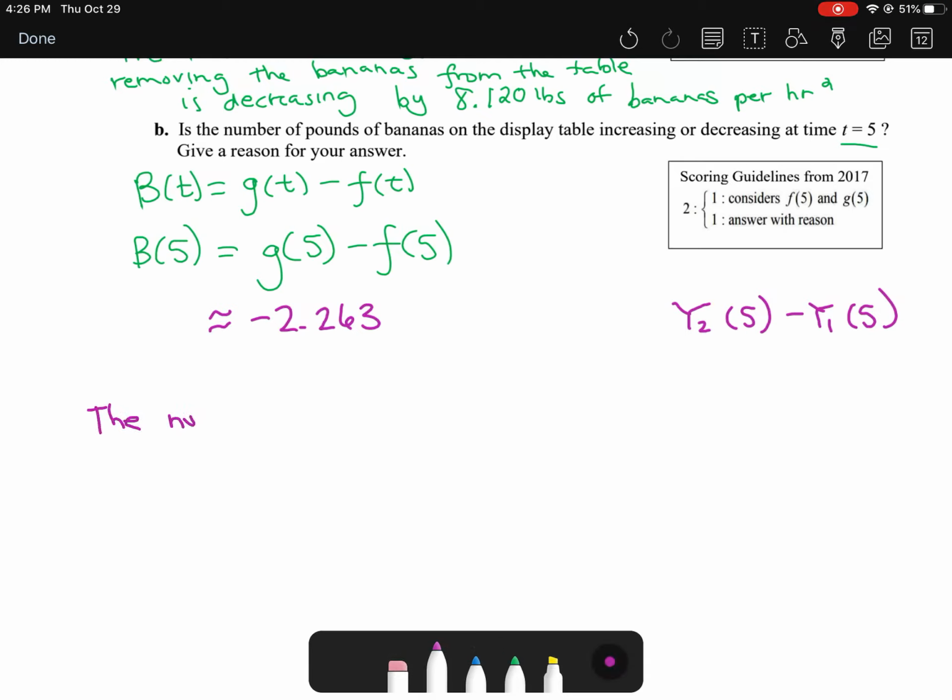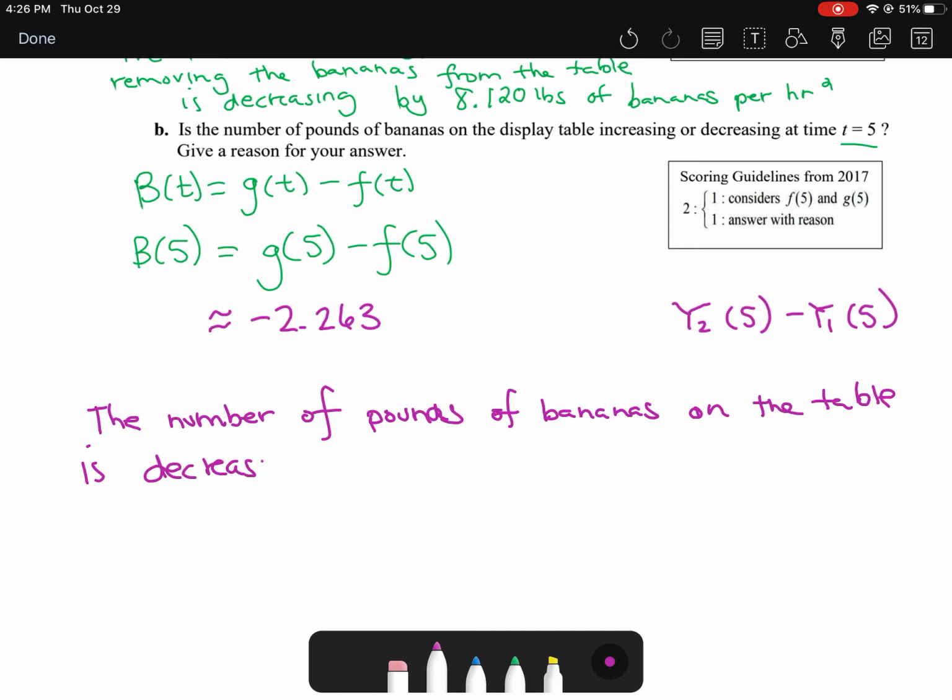Okay, and now I need to answer. So the number of pounds of bananas on the table, it's negative, so we know it's decreasing at time t = 5 hours.